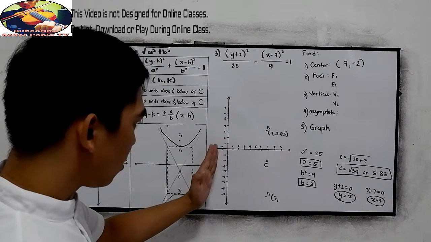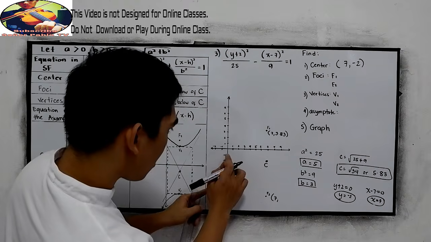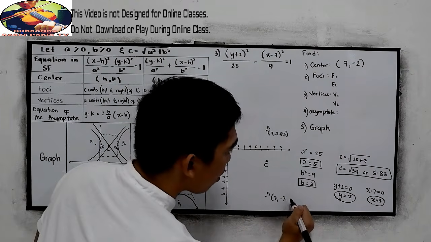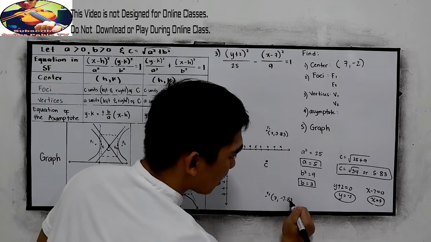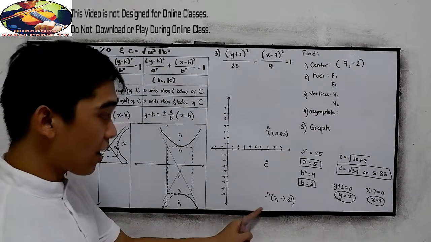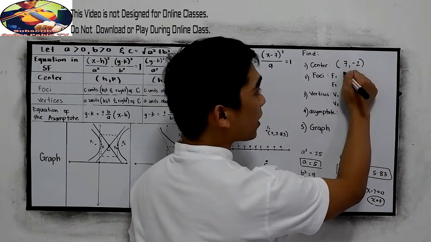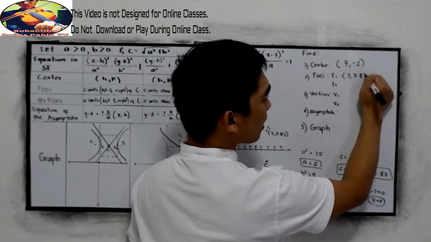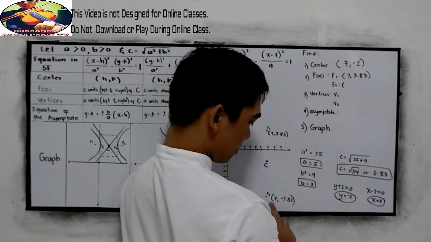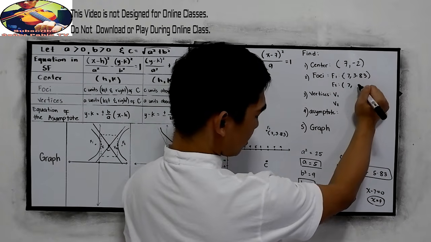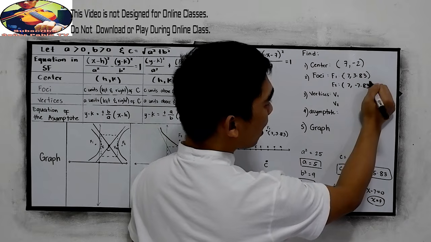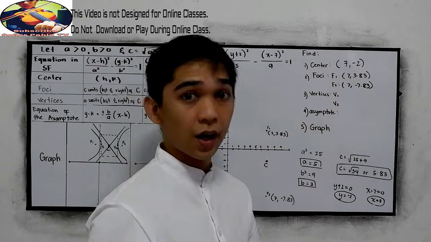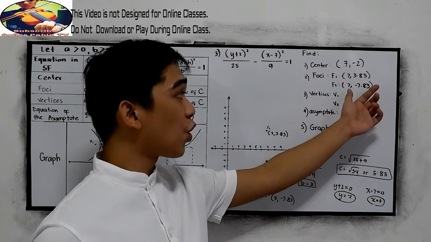And on our y, we have 1, 2, 3, 4, 5, 6, 7, negative 7 point 83. That will be our f sub 1 and f sub 2. We can now write in our answer 7, 3.83 and 7, negative 7.83. Actually, it can be interchanged. This would be our foci 2 or foci 1. It's okay, as long as your coordinates are correct.